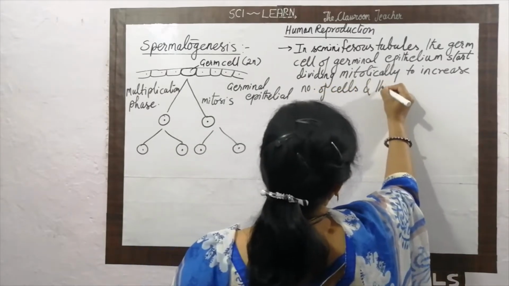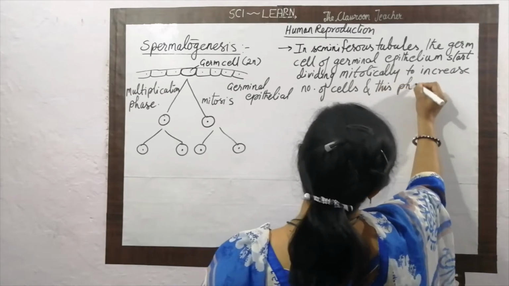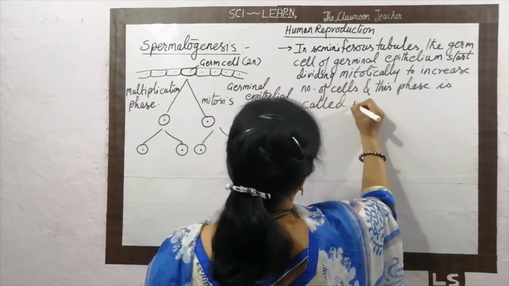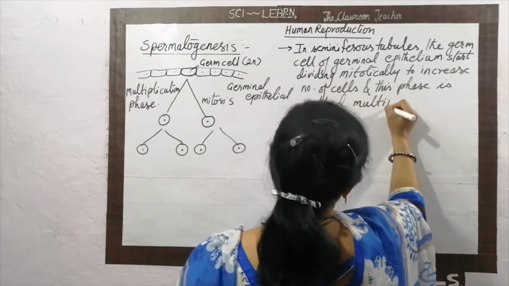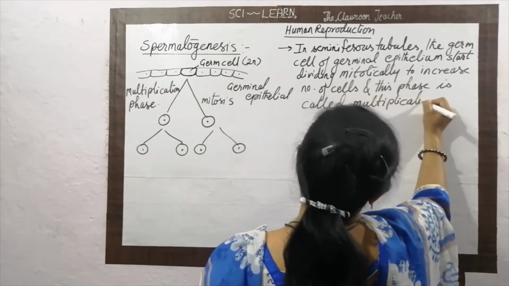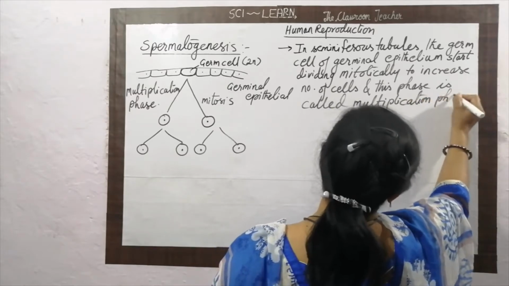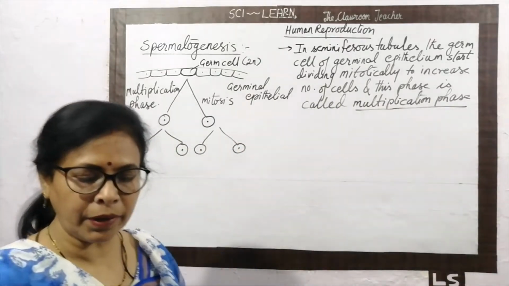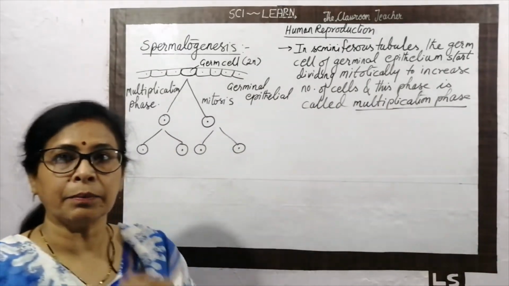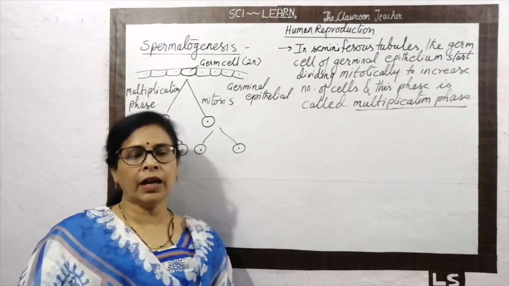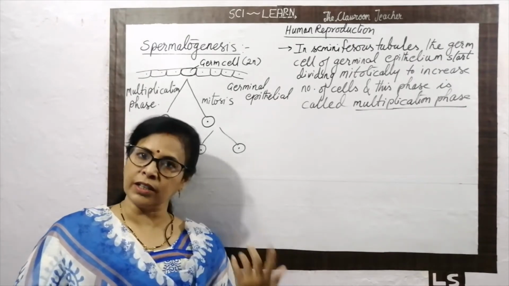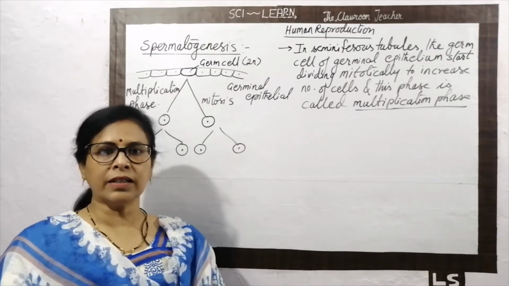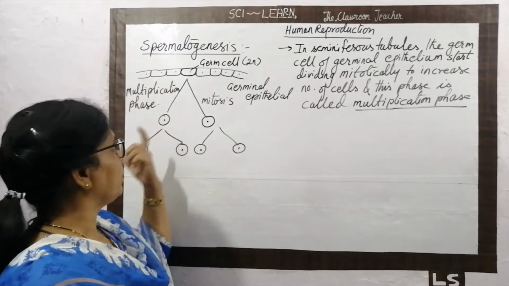And this phase is called the multiplication phase. That is the first phase in the process of spermatogenesis. So the germ cells of the germinal epithelium start dividing and the number of cells increases. For increasing the cells, the process going on is mitosis, cell division. And this phase is called the multiplication phase.